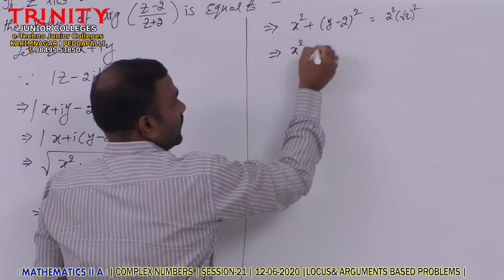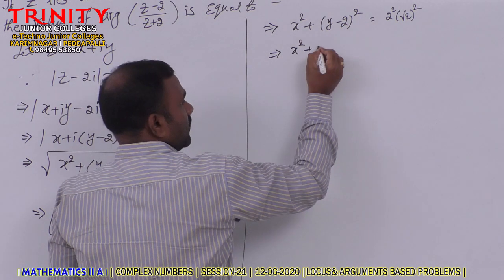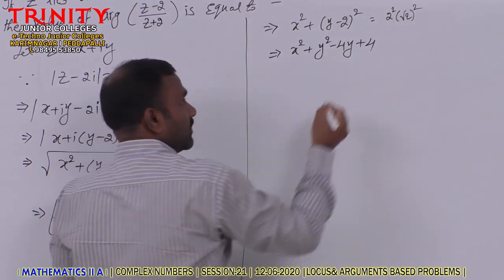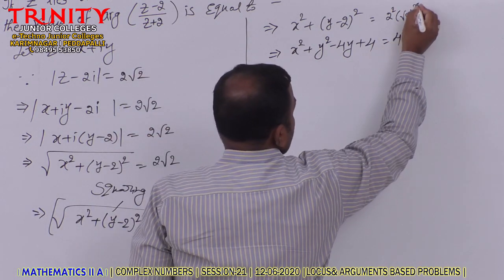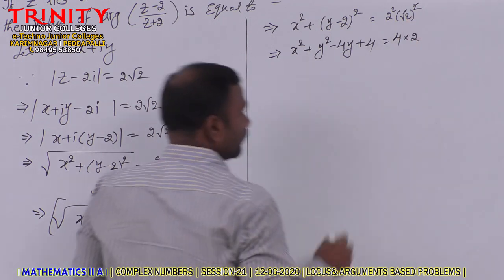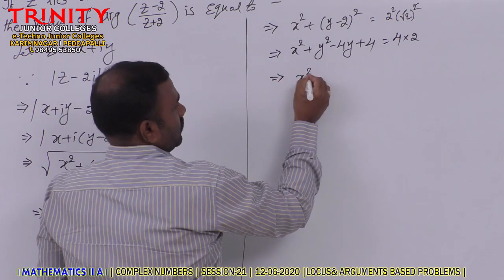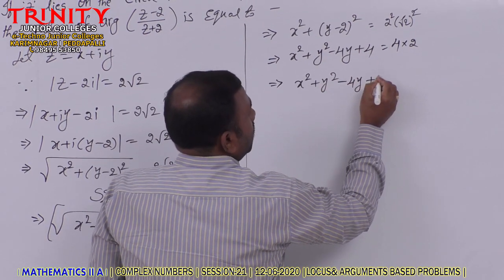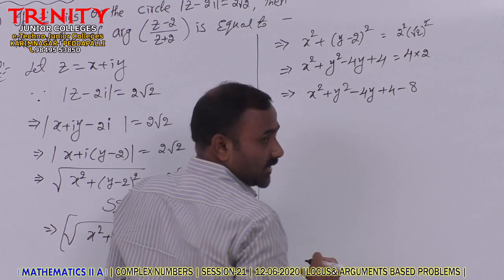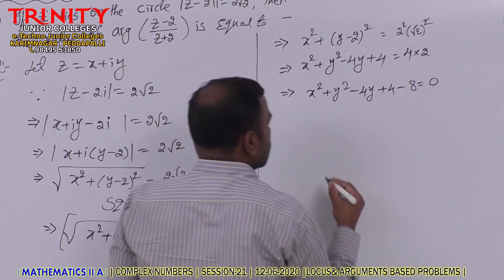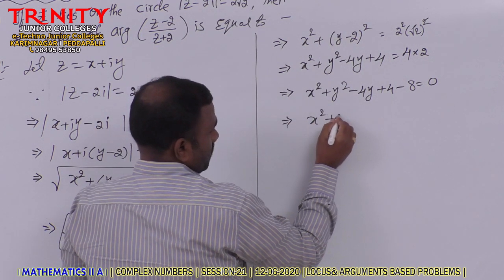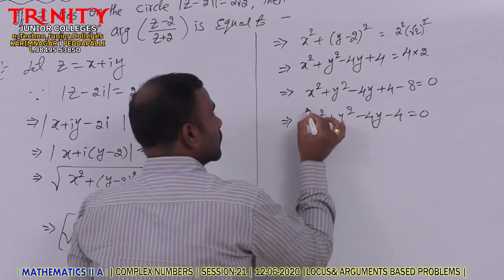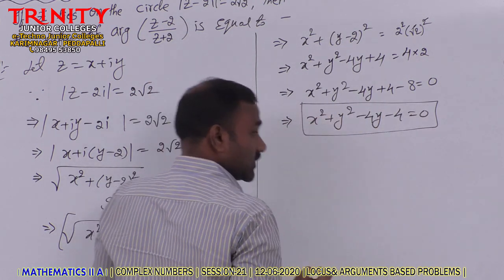X square, and expand this: (y minus 2) whole square is y square minus 4y plus 4, using a square minus 2ab plus b square. 2 square is 4, the square root cancels, 4 into 2. So x square plus y square minus 4y plus 4 minus 8 is equal to 0. X square plus y square minus 4y minus 4 equal to 0 is the equation of the circle.